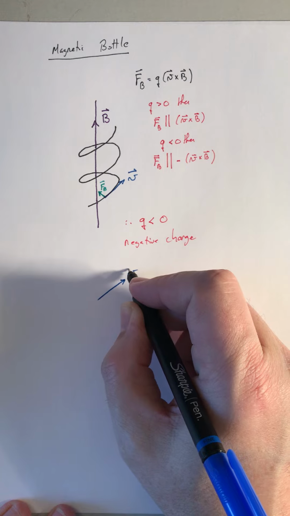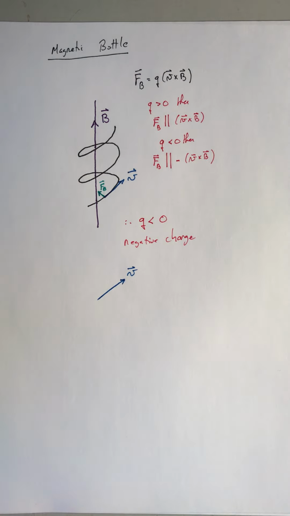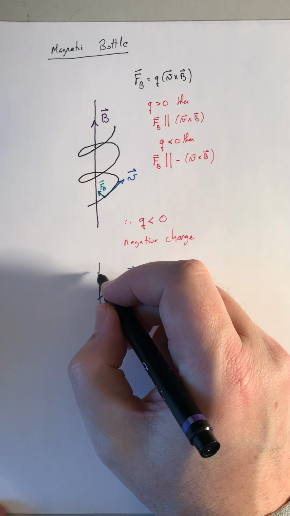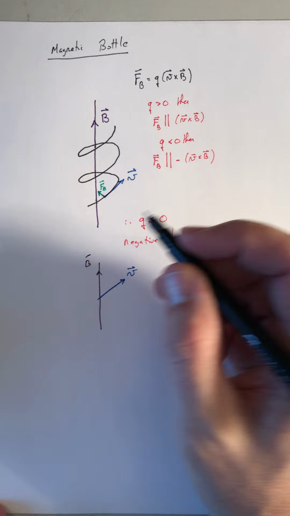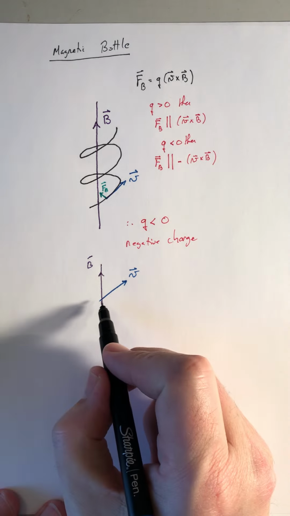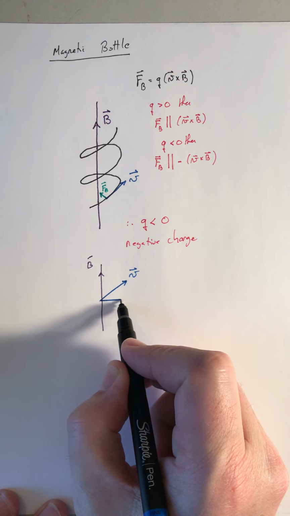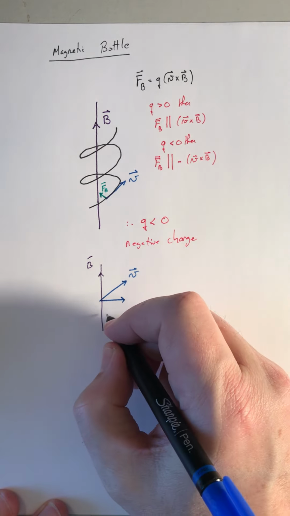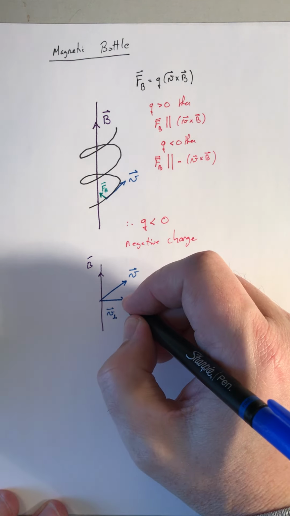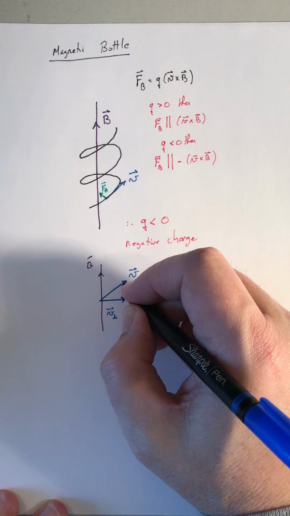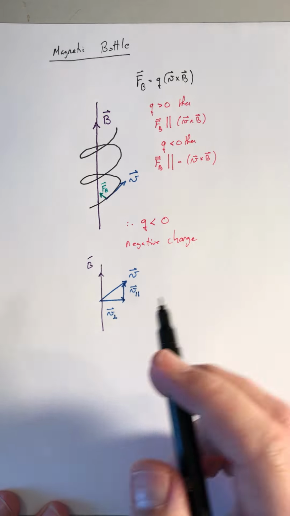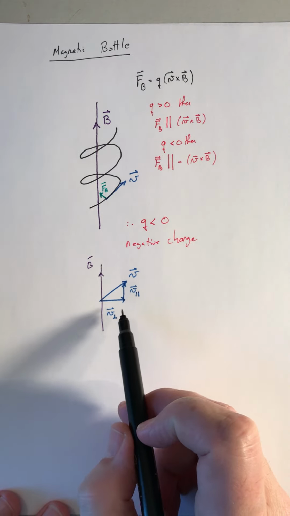So there's our whole velocity, and we have a magnetic field line, like so. That velocity is going to have a portion of it that is perpendicular to the magnetic field line, and that can be accelerated by the magnetic force to go around and round in a circle. And then there is a parallel component to the velocity that can't change.